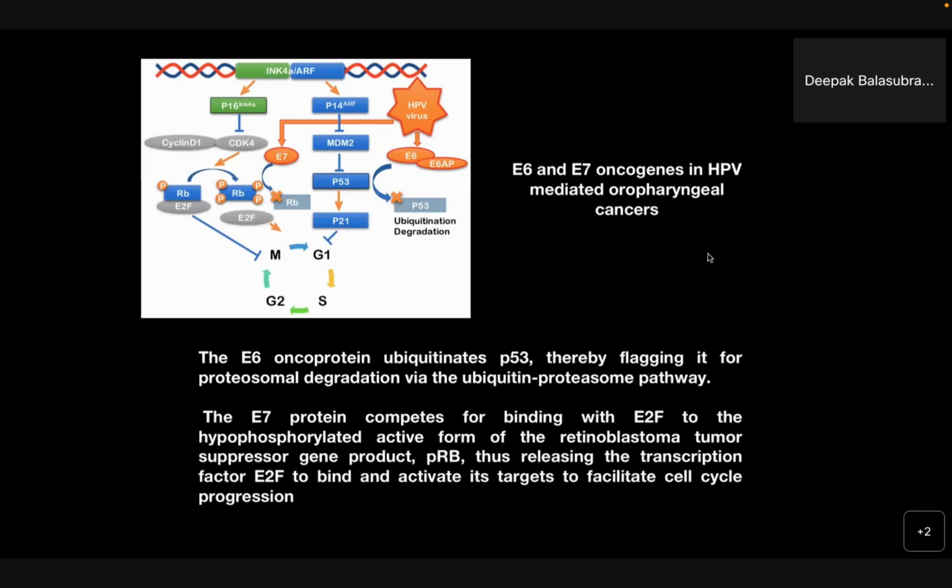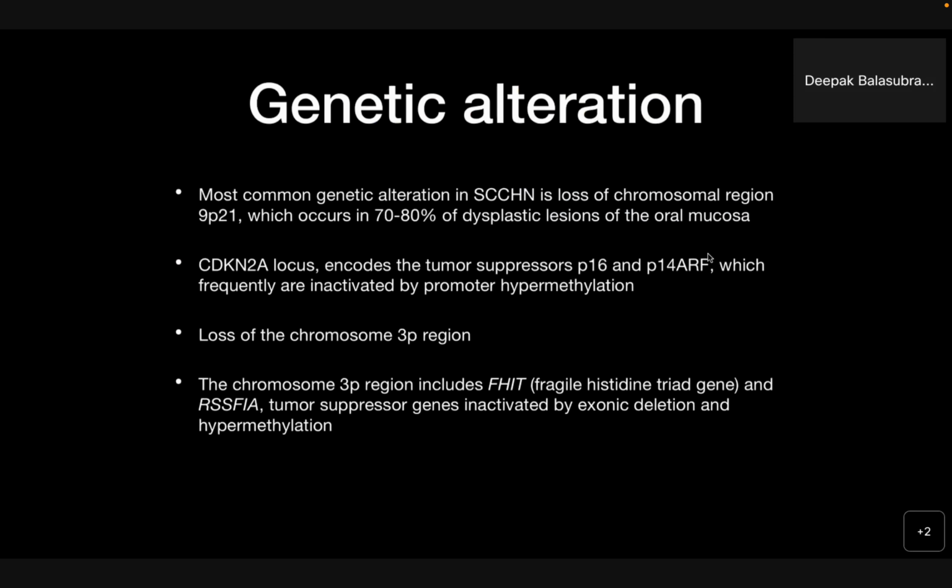So what happens is, the P53 is degraded, and E7 releases the transcription factor E2F and facilitates cell cycle progression. So here, as I mentioned, there is no mutation of P53, only degradation. So whatever wild type P53 is present will act during DNA repair following treatment, and that's why these patients have better outcomes compared to tobacco-mediated SCC.